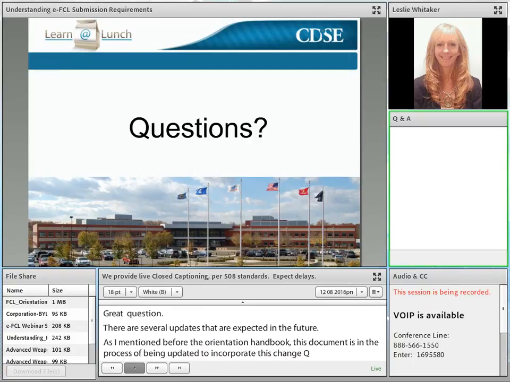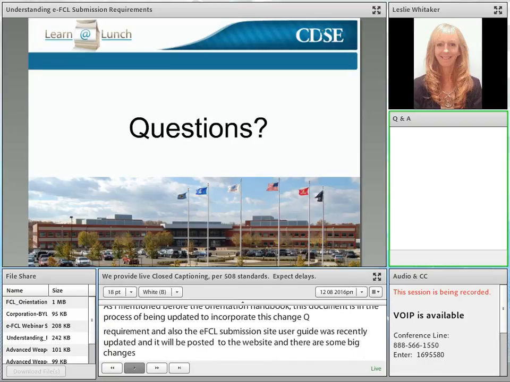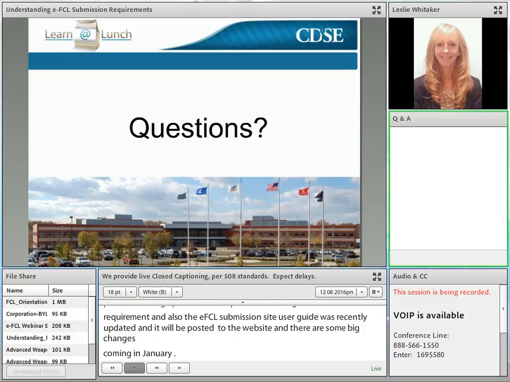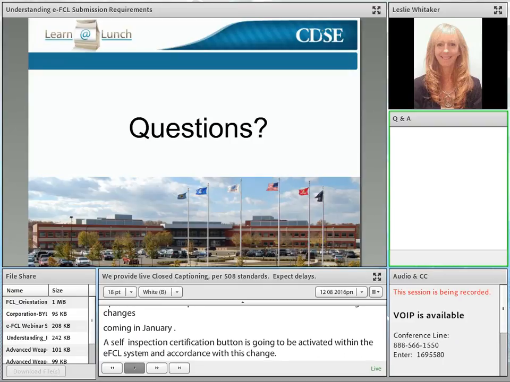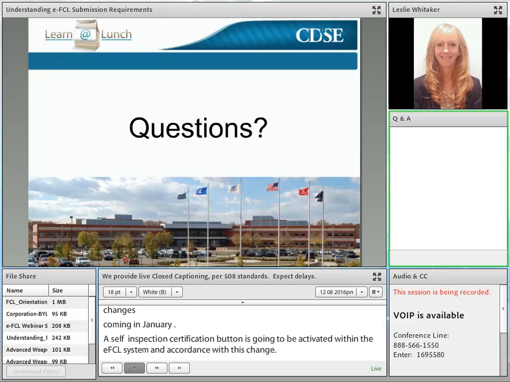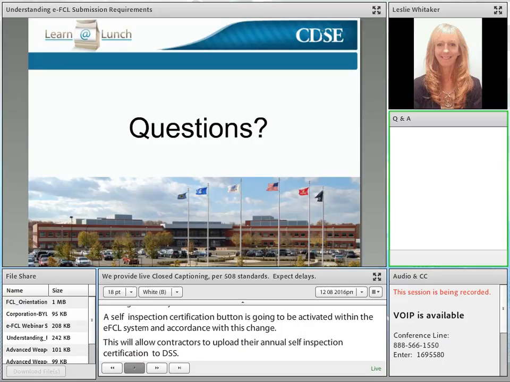A self-inspection certification button is going to be activated within the eFCL system in accordance with NISPOM Change 2. And this will allow contractors to upload their annual self-inspection certifications to DSS. And lastly, we do expect that the National Industrial Security System, the NISS, will launch with initial operating capability in August of 2017.